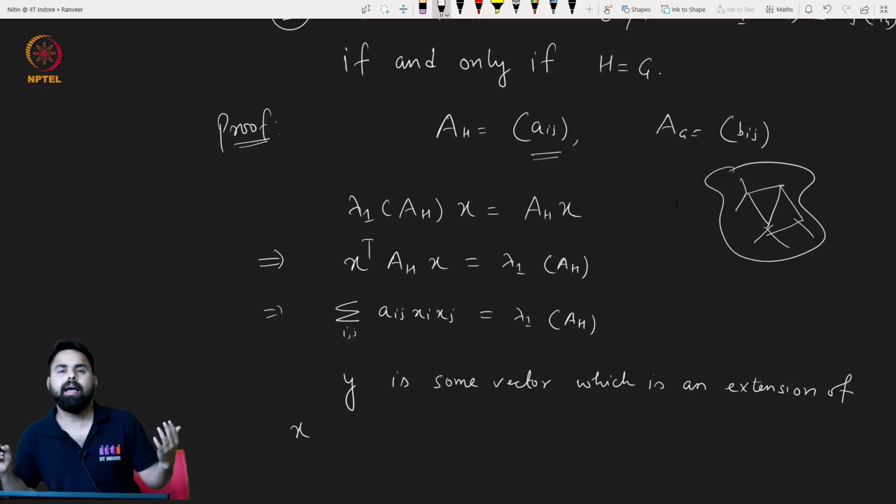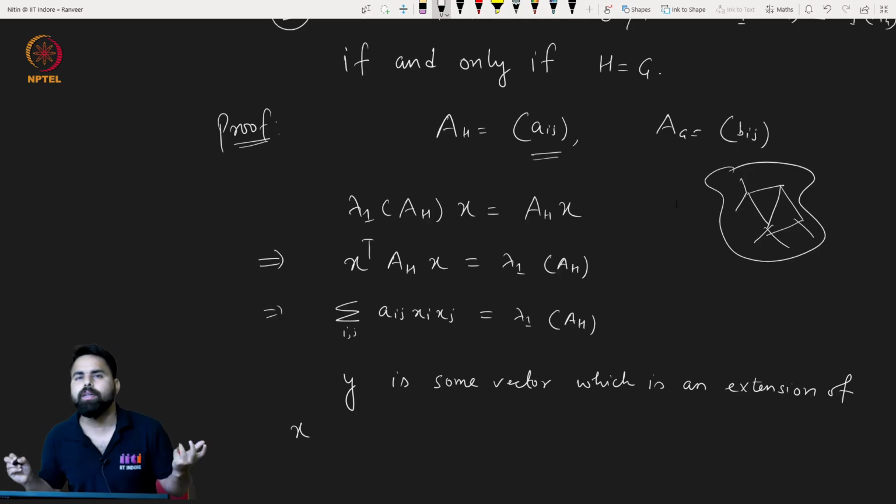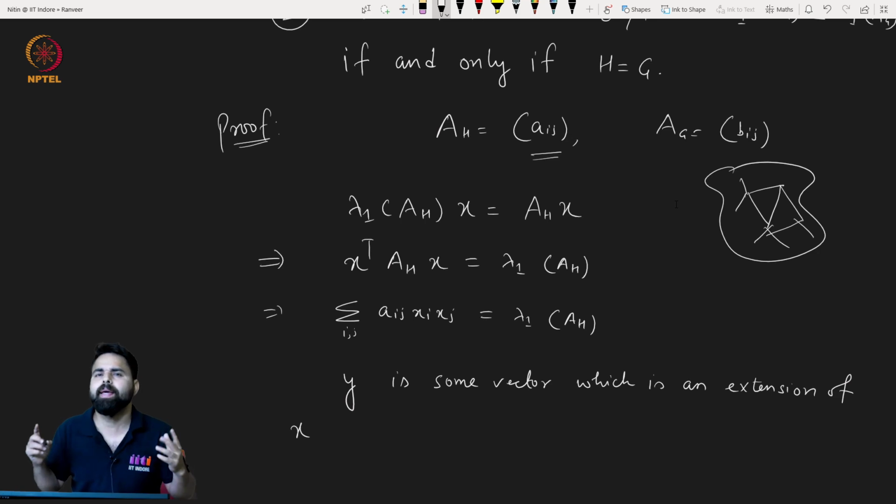Remember, the size of x will be the number of vertices in H. Suppose that number is m, and G has n vertices. So x has m entries. And y is some vector which is an extension of x such that the number of entries in y is n.